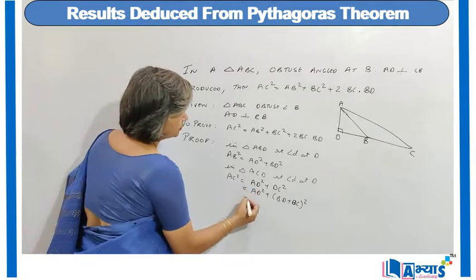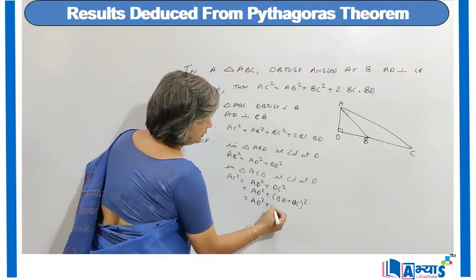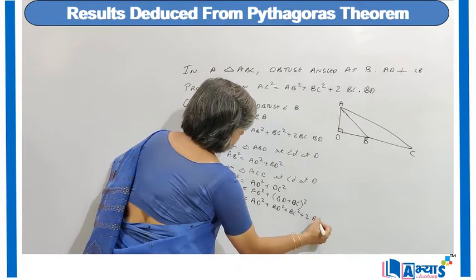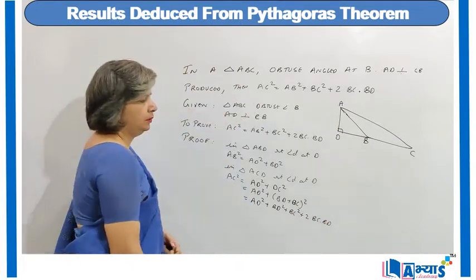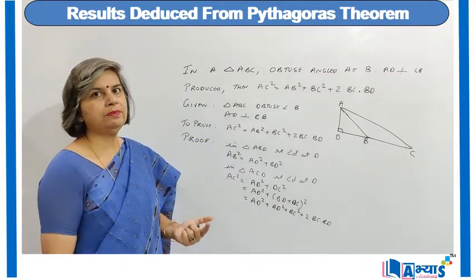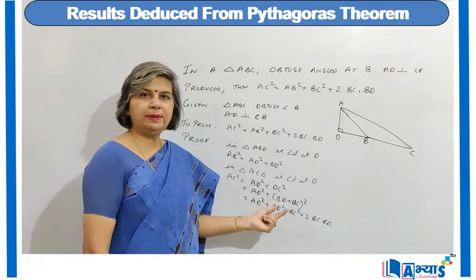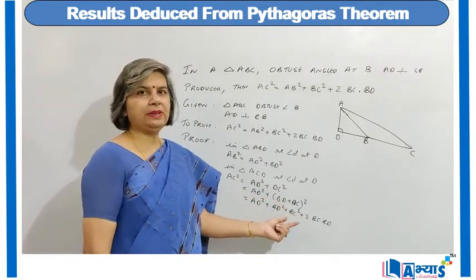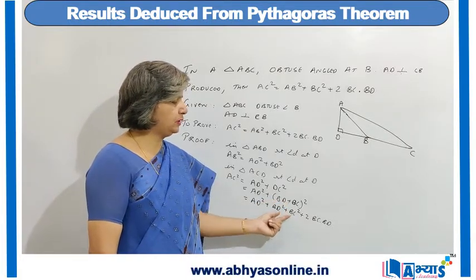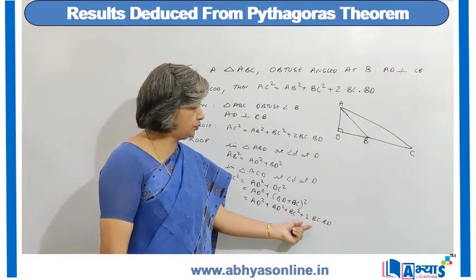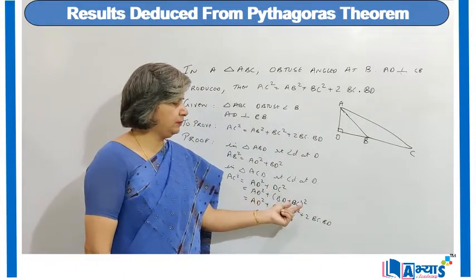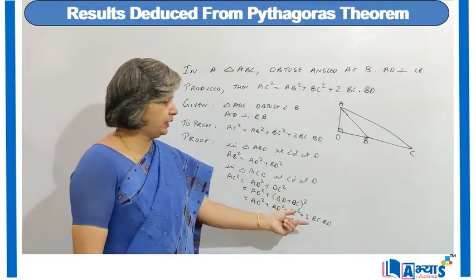So I will get AD square plus BD square plus BC square plus 2BC into BD, because we know that A plus B whole square is equal to A square plus B square plus 2AB. Now BD will be considered as A and BC will be considered as B. So this is how we can expand.